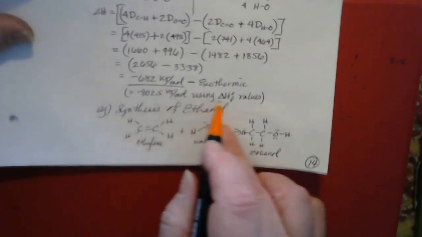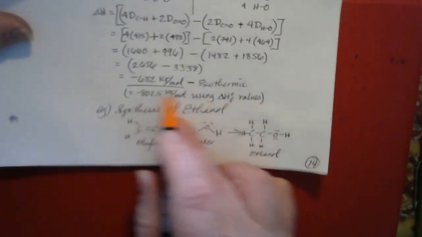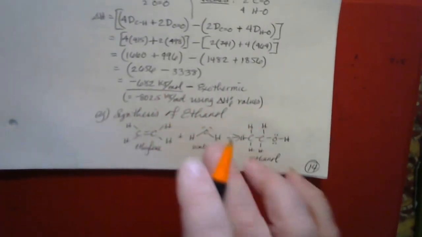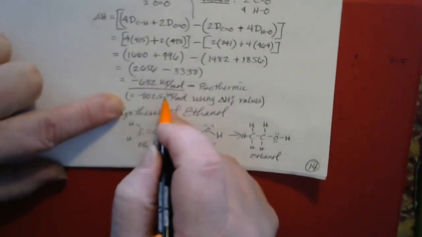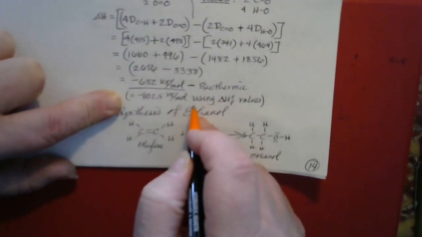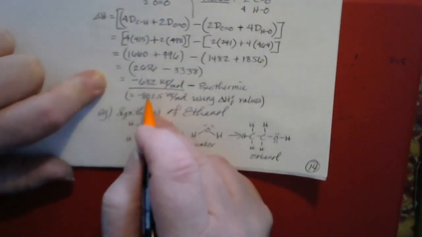Interestingly, when you do that same reaction and find the enthalpy for that reaction using enthalpies of formation, you end up with negative 802.5 kilojoules per mole, which is fairly different.